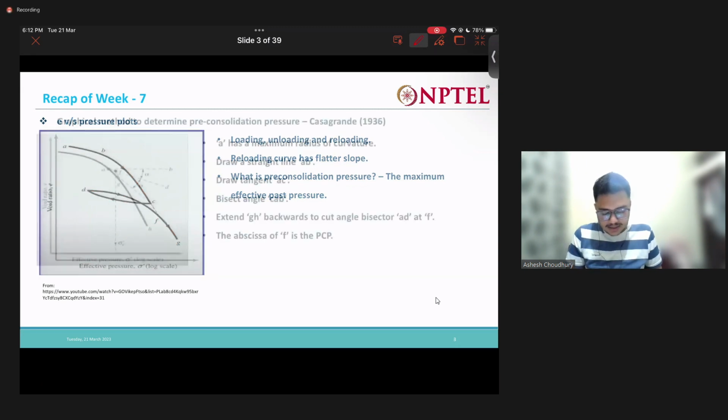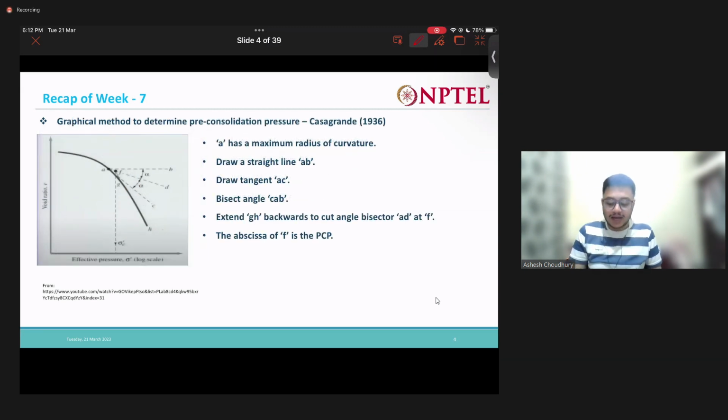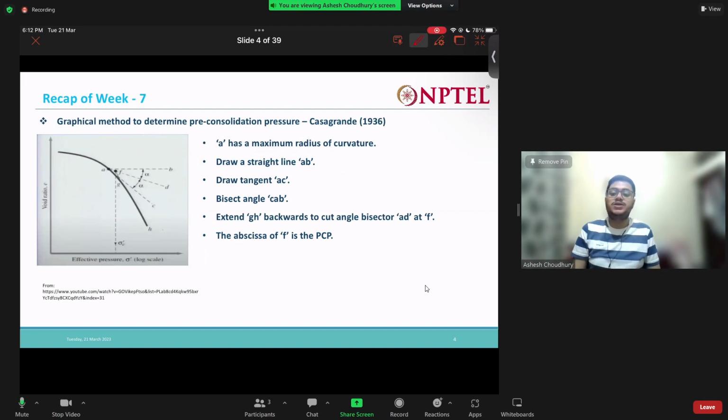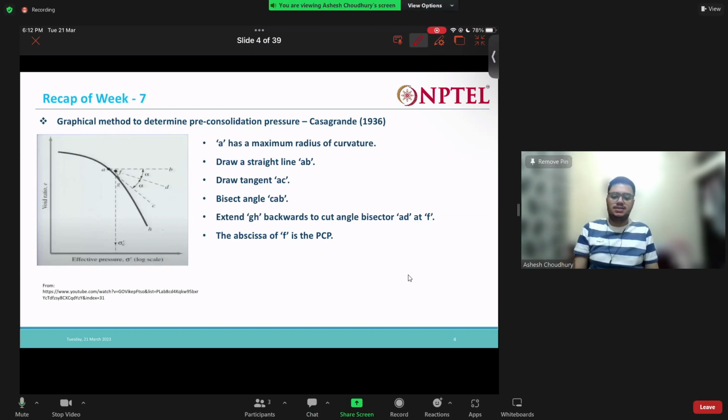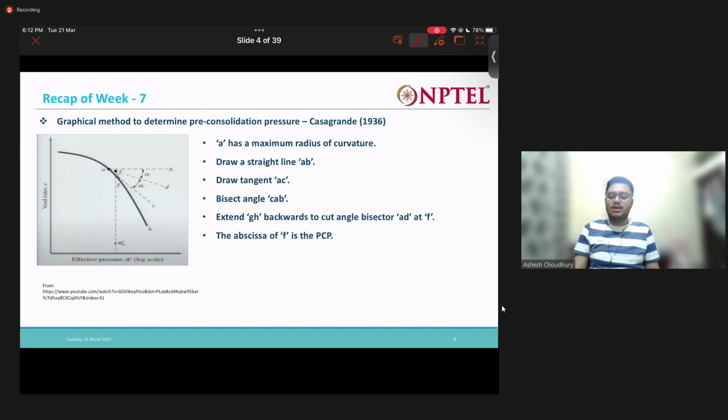Now the next thing we study is how to determine this pre-consolidation pressure graphically. Say you take a soil sample from the field and do the one-dimensional consolidation test on it. What results will you get from that test?